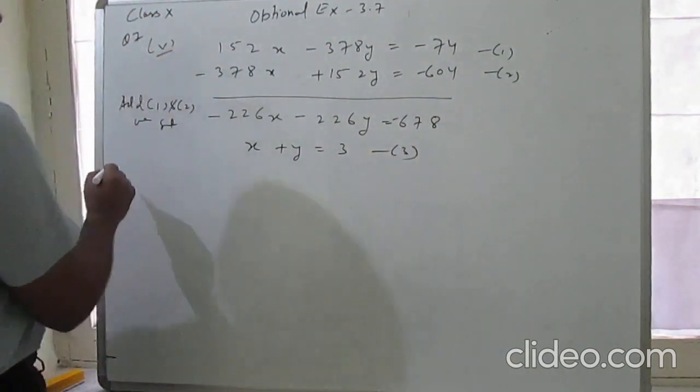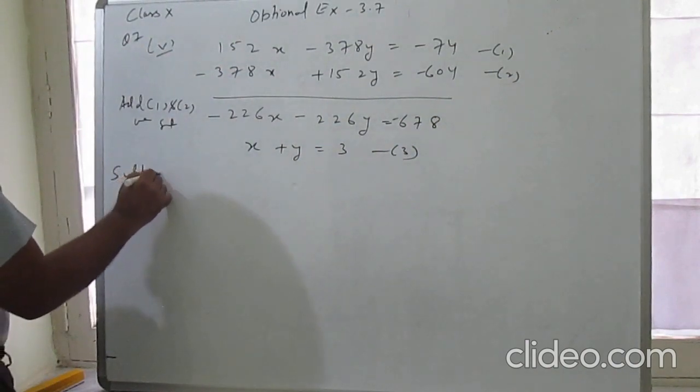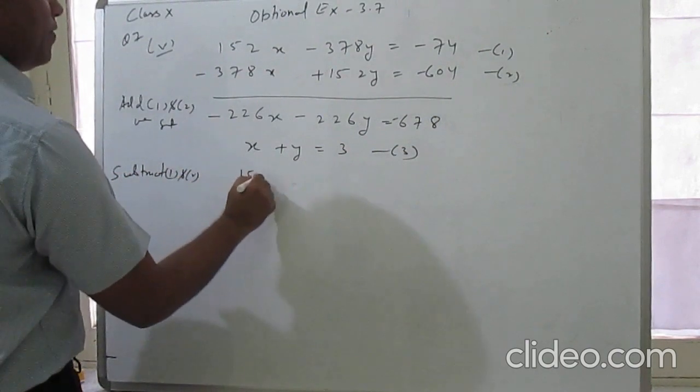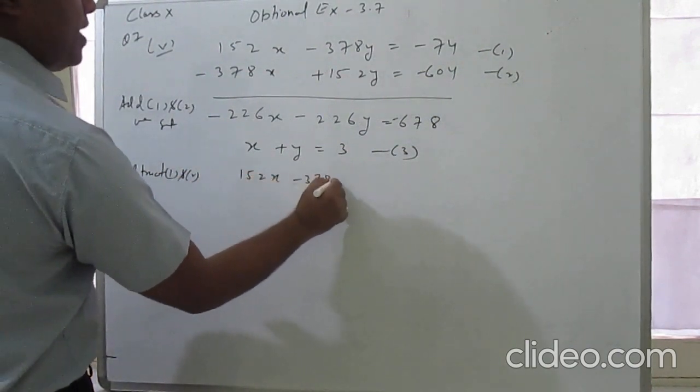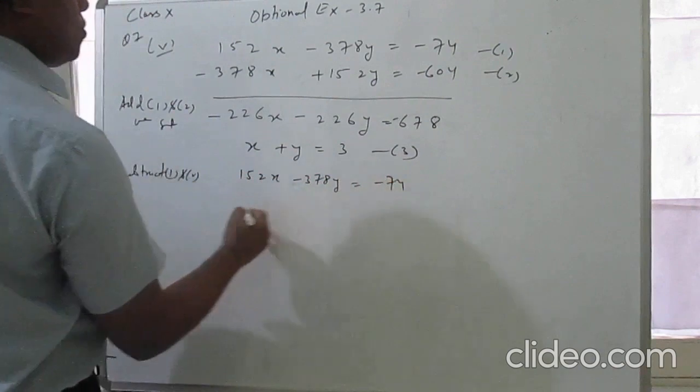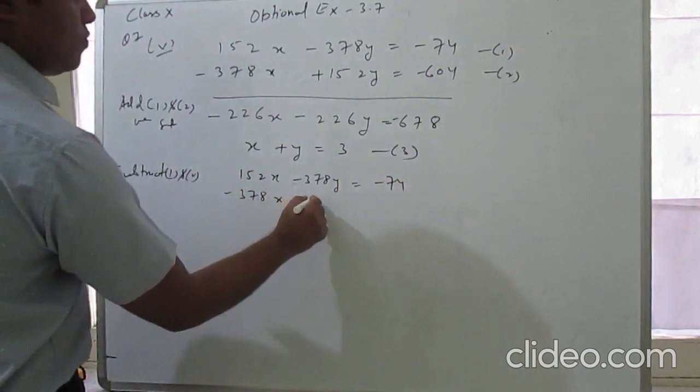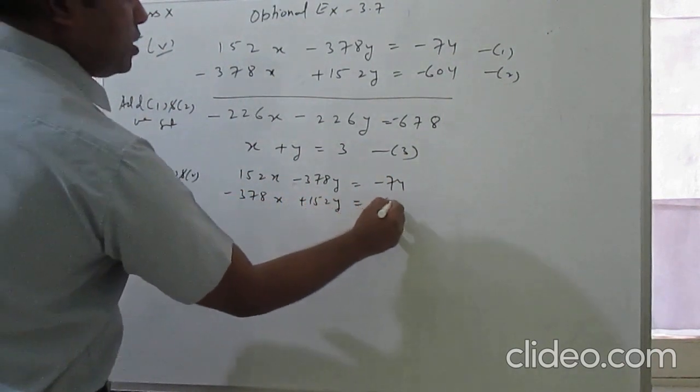Now subtract 1 and 2: 152x minus 378y minus 74 minus 378x plus 152y minus 604.